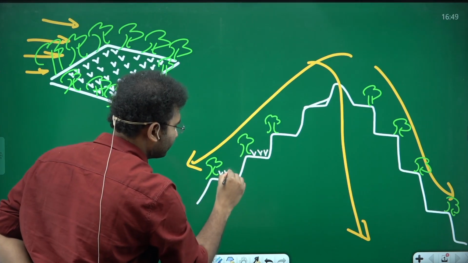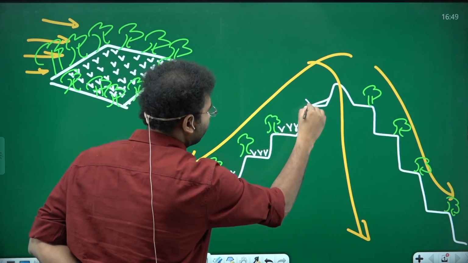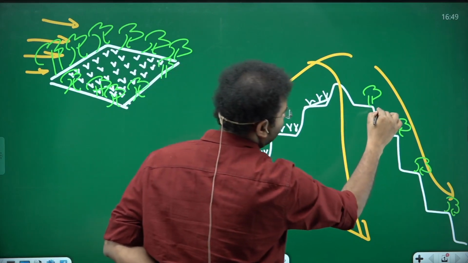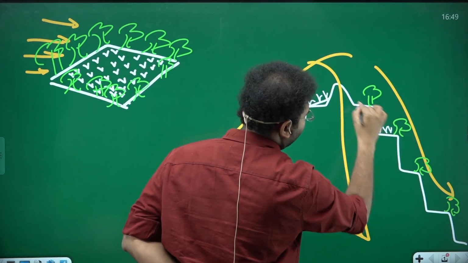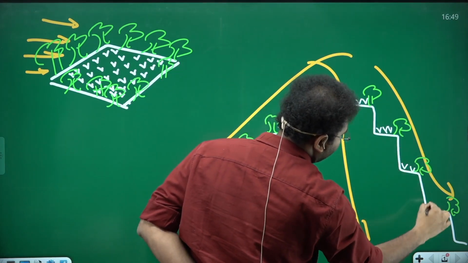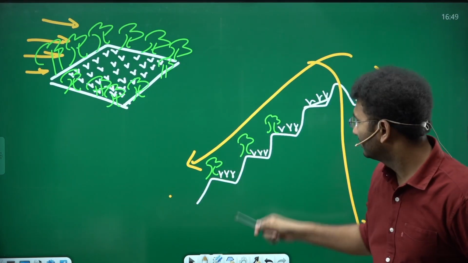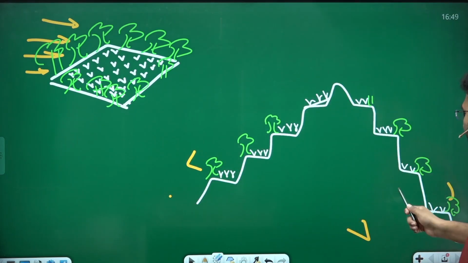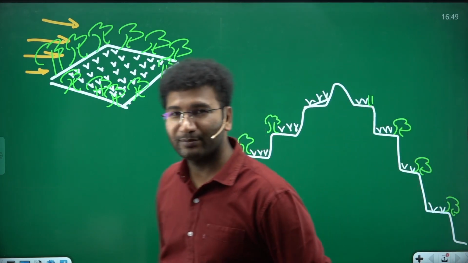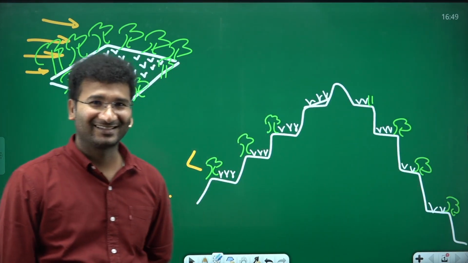This is your crops. So the trees are going to protect your crops from the winds, right? This is the role of the shelter bunds, right?